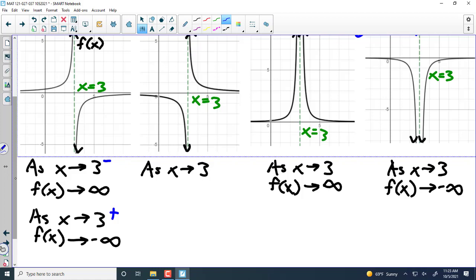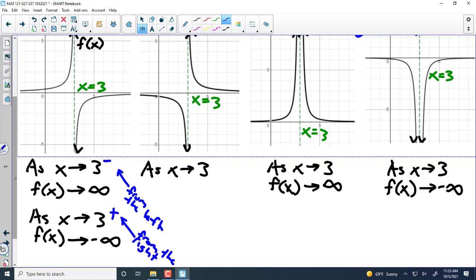What this means is as we approach 3 from the negative direction, as we approach 3 from this side, we go up to infinity. As we approach 3 from the positive side, we go down to negative infinity. The way you read these out loud is from the left and from the right.